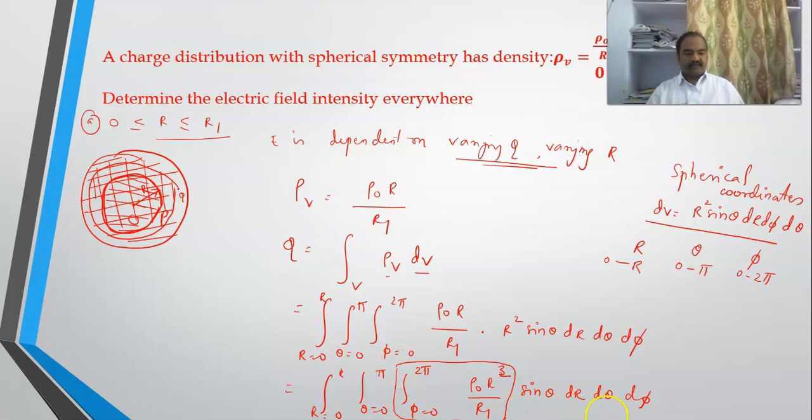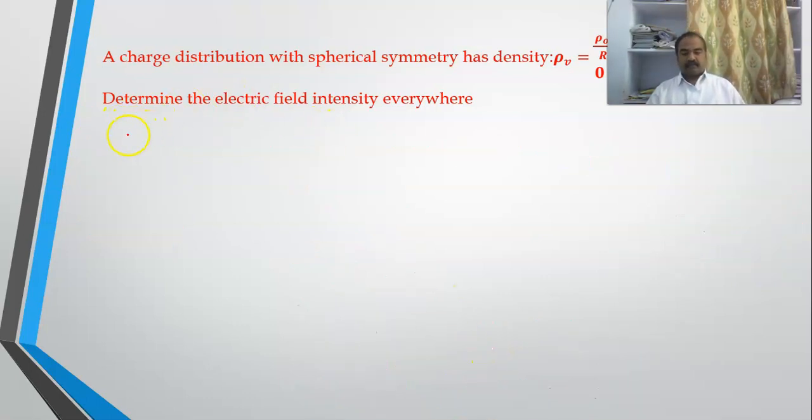With respect to phi, there is no phi component, so the entire thing will be treated as a constant. So Q is equal to the integral of, I am just rearranging the terms, rho naught r cube by r1 sine theta.